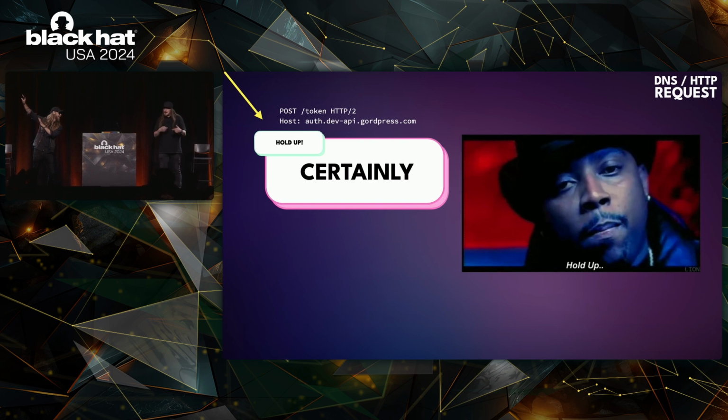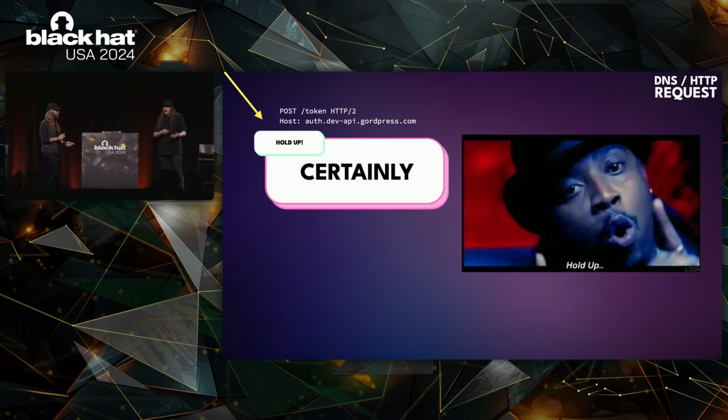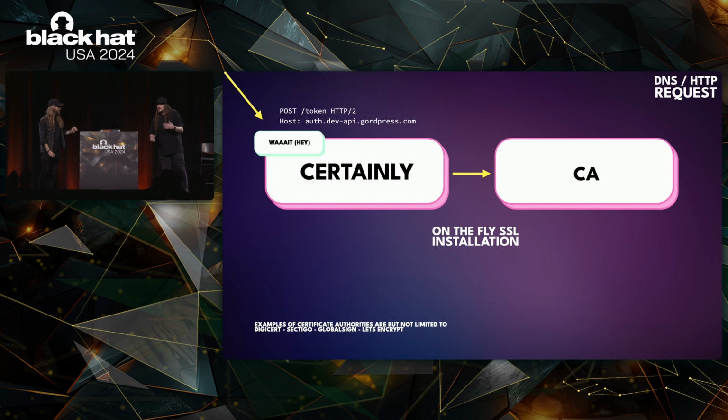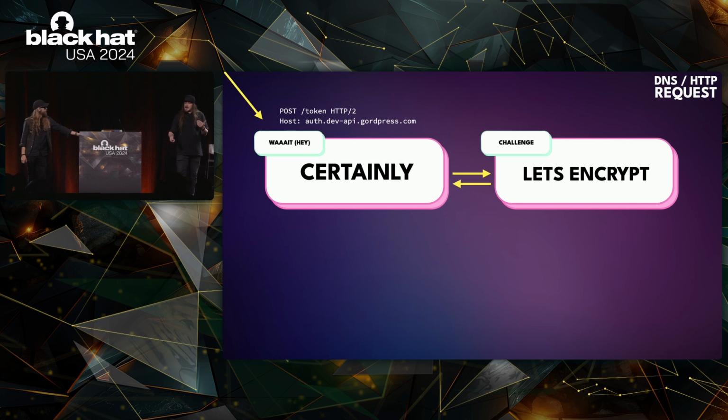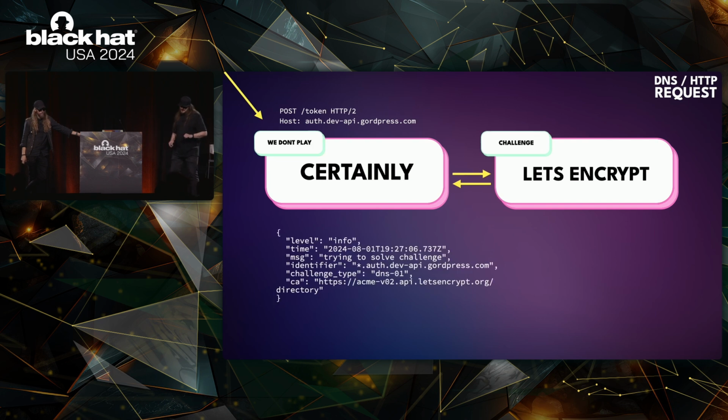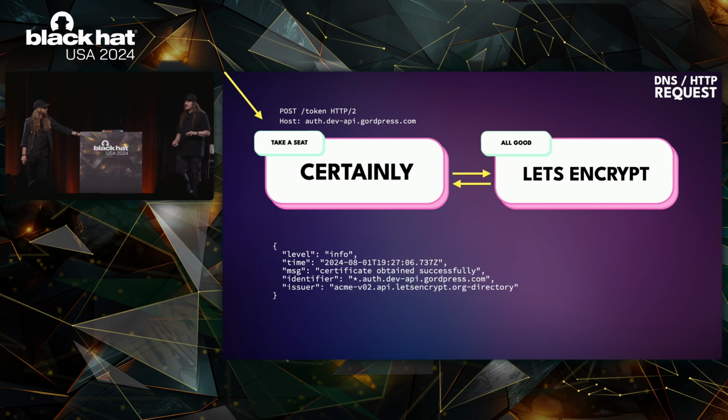Certainly is going in the background, starting the whole TLS certificate issuance flow with the CA. So it's asking for a certificate. The CA is going to ask Certainly to provide proof of ownership of the domain, which Certainly is certainly happy to provide because it controls the DNS.